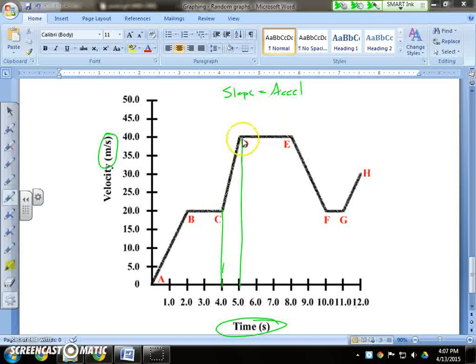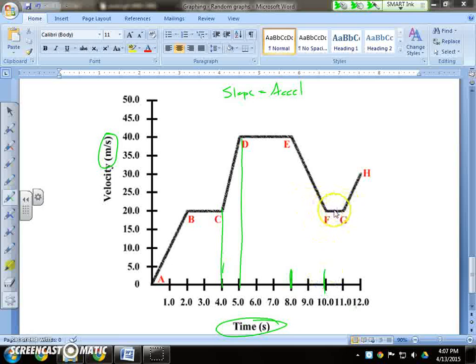And then we stay at a constant velocity of 40 meters per second here, and then the item starts to slow down. And we decelerate from 40 to 20 meters per second, and that happens over from 8 seconds to 10 seconds, so we're gap at 2 seconds.